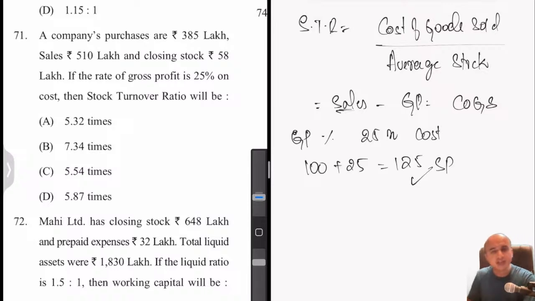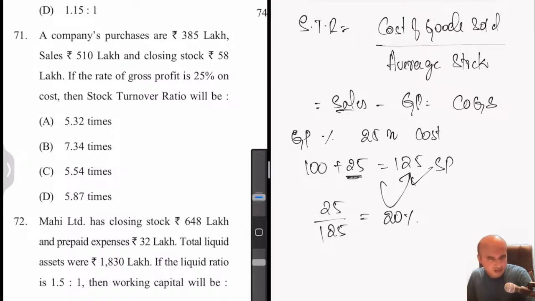We can then identify the profit percentage on the selling price: 25 by 125, which is nothing but 20%. This is a well-known calculation, that's why I'm not getting into the details. So if it is 25% on cost, it will be 20% on sales. Now we know the GP percentage on sales.